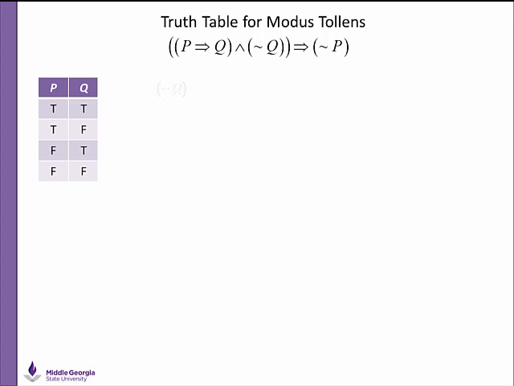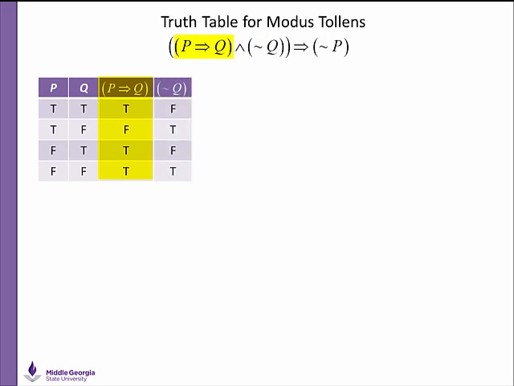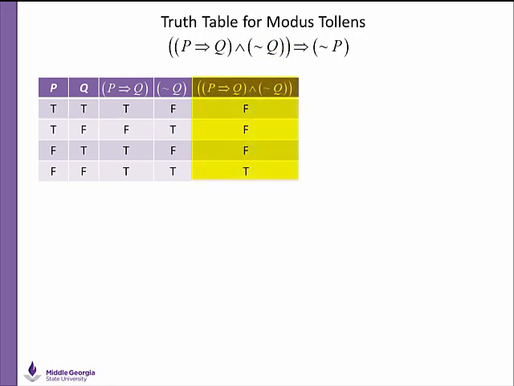Again, we have two simple statements, so we start with the same set for P and Q. Inside the innermost parentheses on the left, we'll need P implies Q, and that's only false when true implies false. It's always true when P is false. We'll need not Q, and then we'll need the conjunction of the last two columns, and the only place that both of those are true is the last row, so we have a true there and false otherwise.